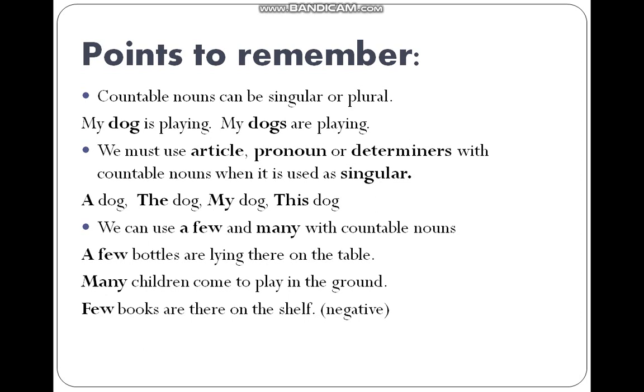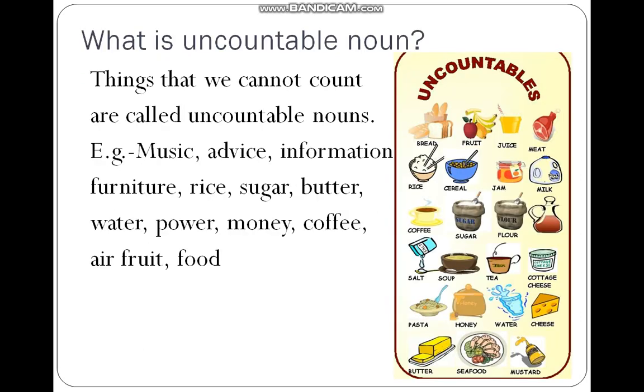So when we are saying that few books are there on the shelf, it means there are almost no books on the shelf. It is used in a nil or negligible sense. All right. So you need to be careful while using few and a few. Okay. So these are a couple of points to remember for countable nouns.